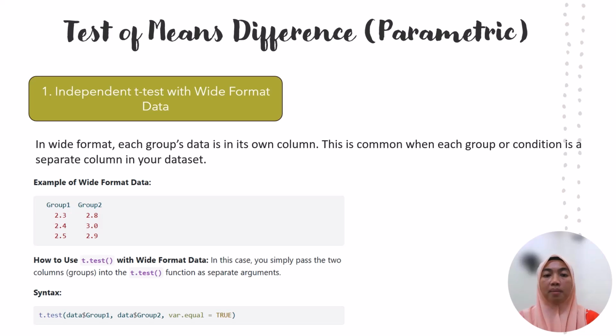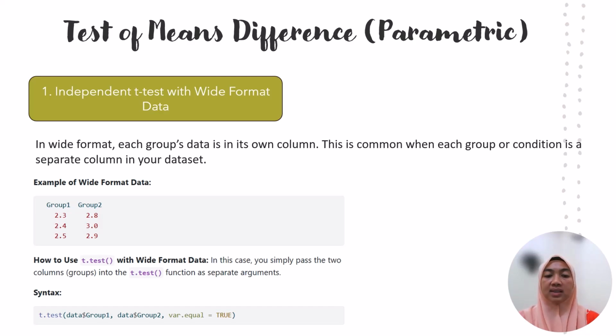The first format is the independent t-test with wide format data. In the wide format, each group's data is in its own column. This is common when each group or condition is a separate column in your data set. For example, for the wide data, we have group 1 and group 2. So how do we use the t.test function with the wide format?